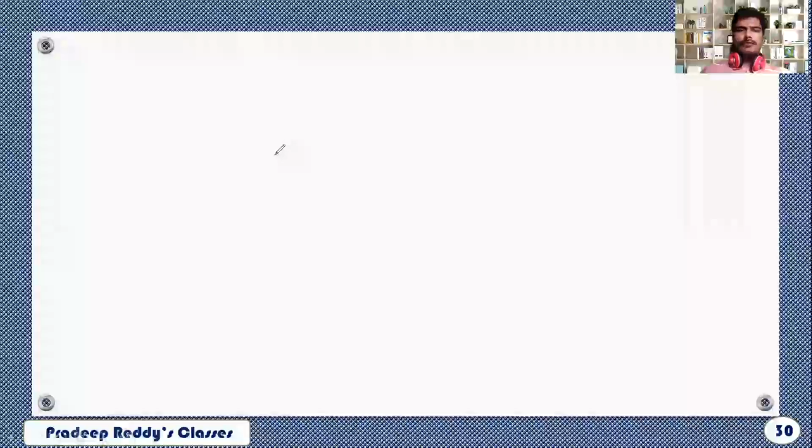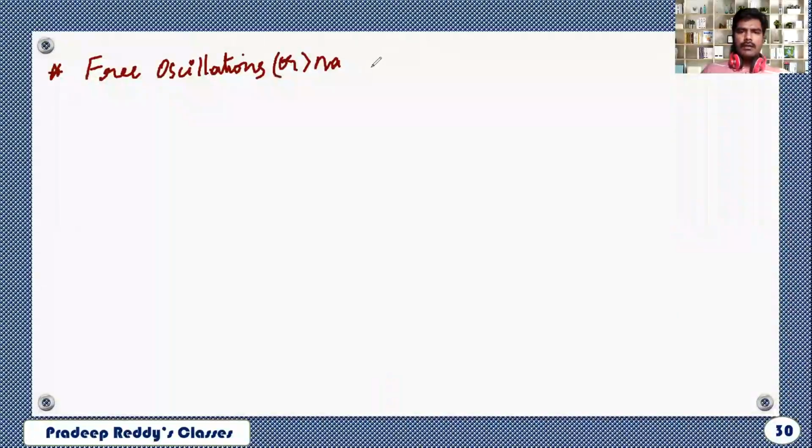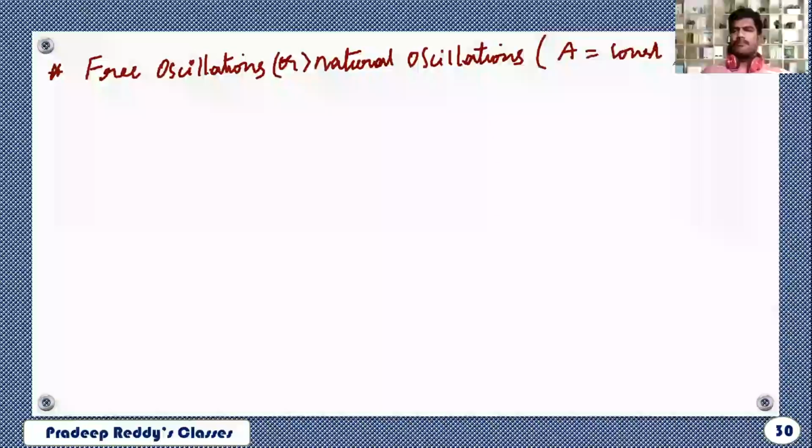So students, we have learned about free oscillations. Free oscillations are also called natural oscillations. For natural oscillations, amplitude is constant.